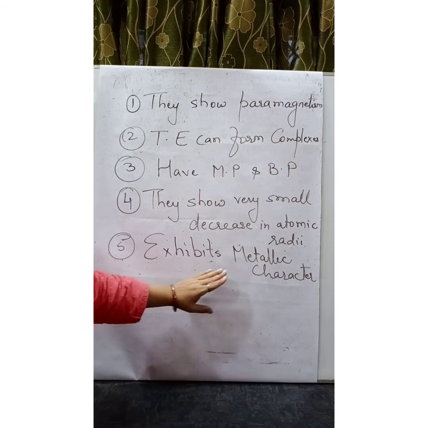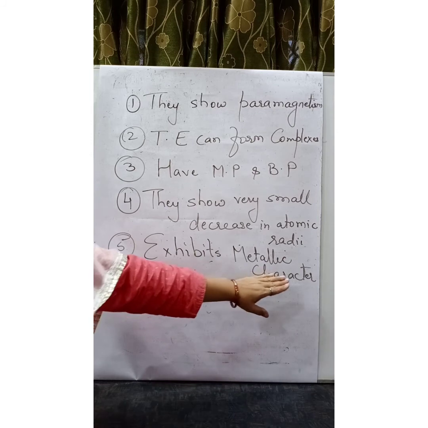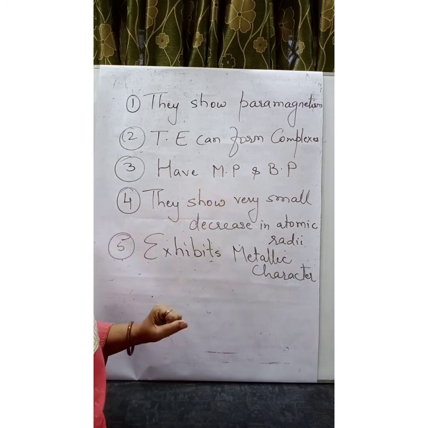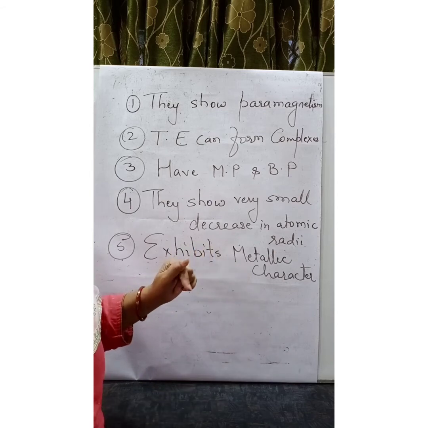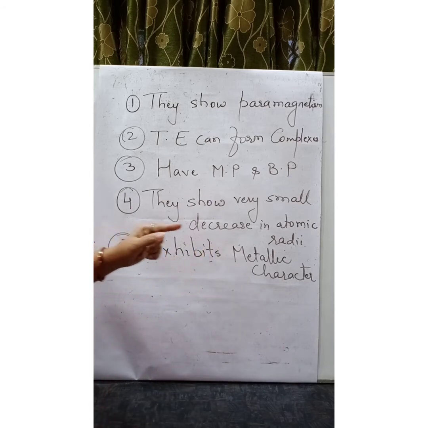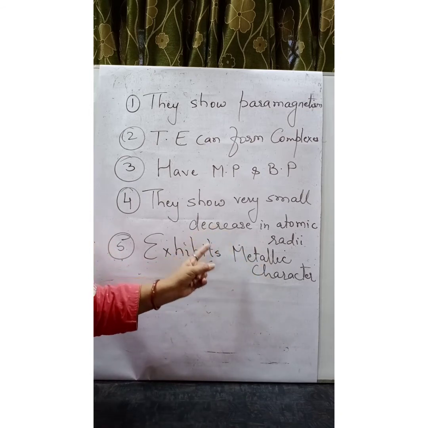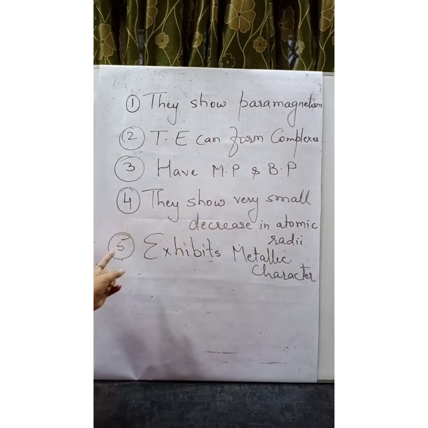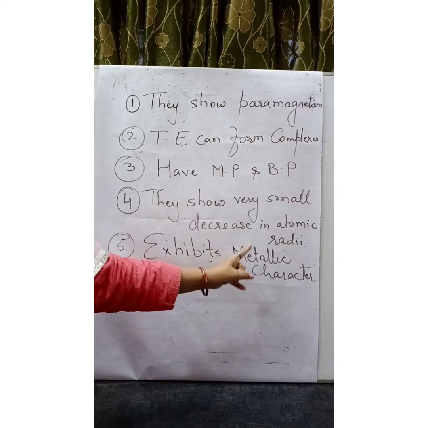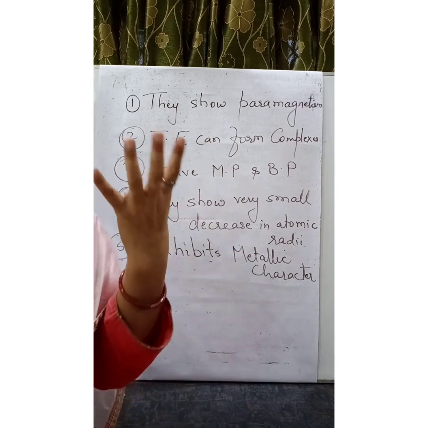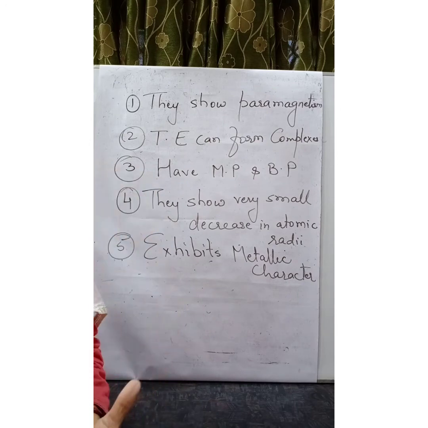These transition elements have unpaired electrons, and because of the shielding effect, the ionization enthalpy is also very low. So electrons can be lost easily to form cations. Hence, transition elements exhibit typical metallic properties like malleability, ductility, metallic luster, etc.